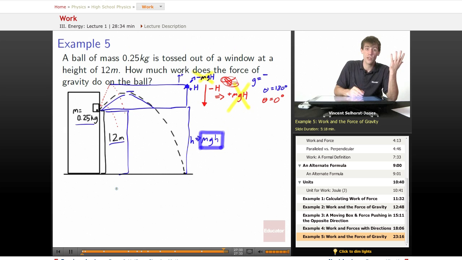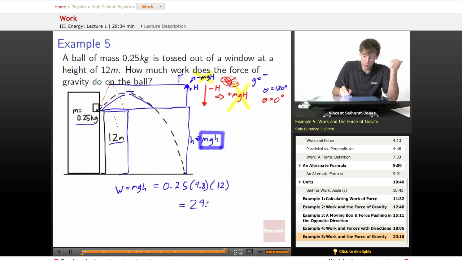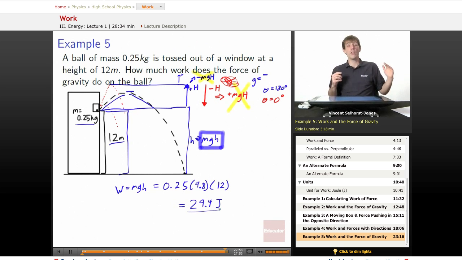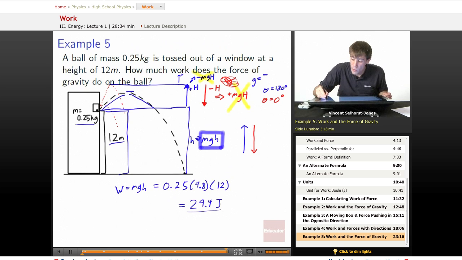So in the end, our answer is just going to be the exact same answer we got for example 2. The work equals mgh, which is going to be 0.25 times gravity, 9.8, times the 12 meters, which equals 29.4 joules. And the reason why is because the amount of the arc that goes above where we started gets canceled out, because it has to travel up, but then it travels that same amount back down before it can do the real fall of little h.